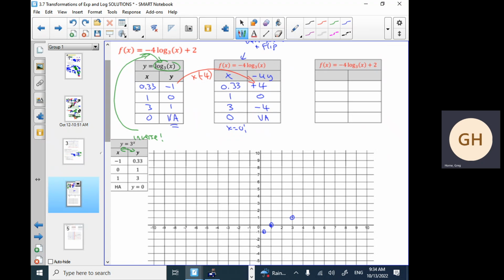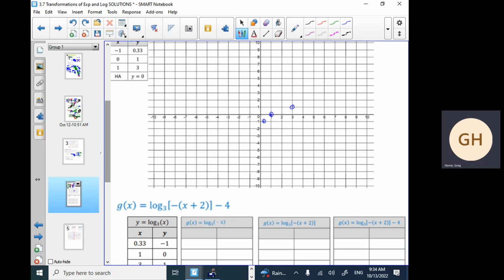And if we did look at very small numbers, close to 0, the graph would skim just along the side. It's hard to skim that line past the 0.33, but I'll try. So that's just your f of x, your log base 3 of x.